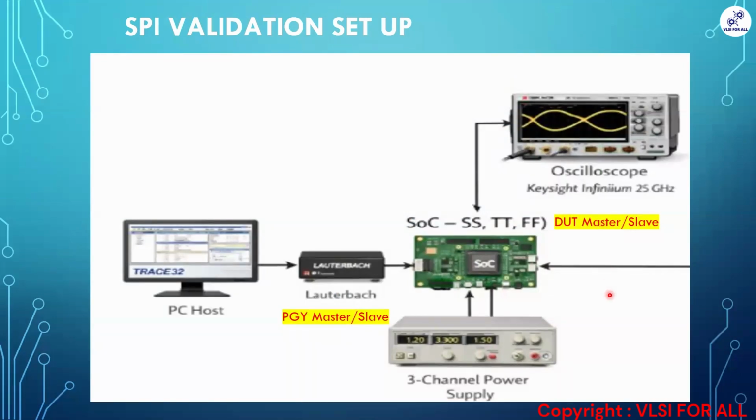Coming to the SPI validation setup, same way as the I2C, we will be having one DUT where the SOC is present in the socket, and we'll be having the power supply using banana cables. We'll keep the V minimum, V nominal, and V max voltages on the board, and we'll be having a loader batch where we can select master and slave, and we'll be having Trace32, and the oscilloscope with passive probes.